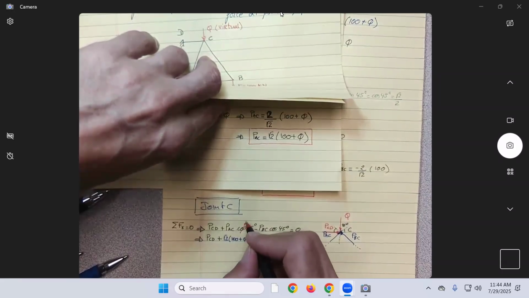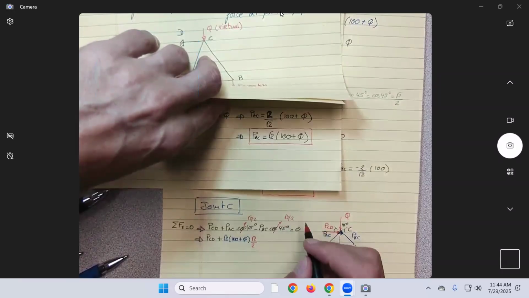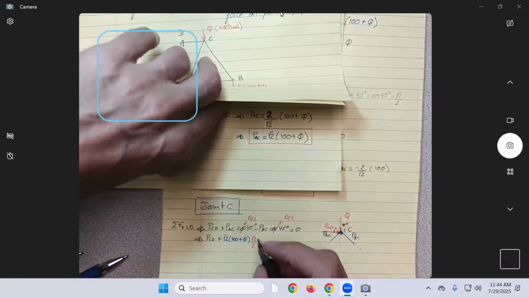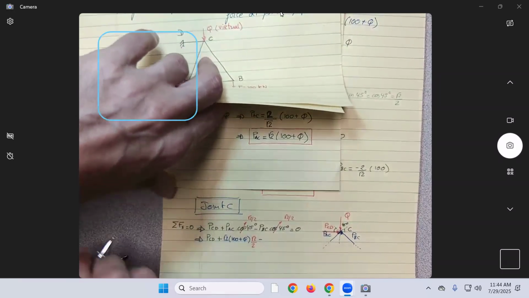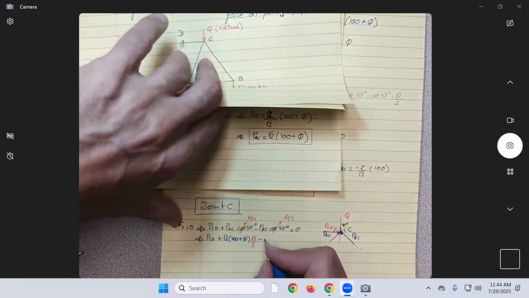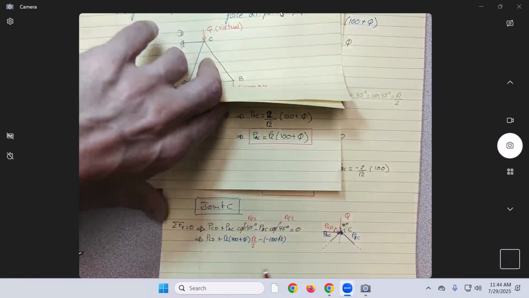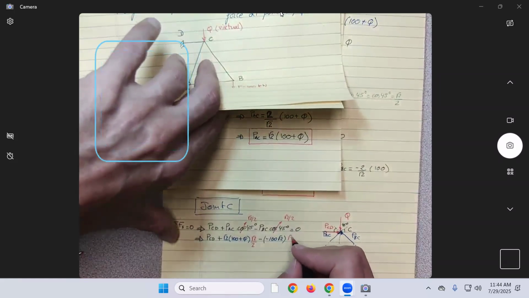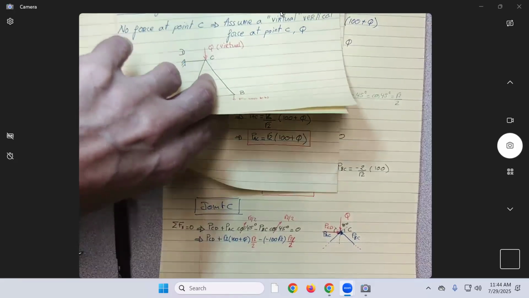Square root of 2 over 2, minus PBC, so it will be minus times minus 100 square root of 2, square root of 2 over 2.